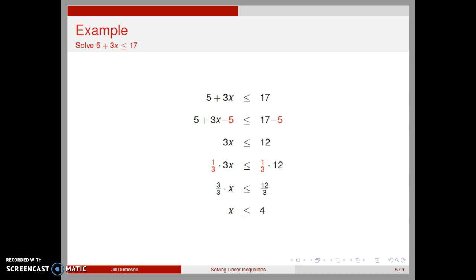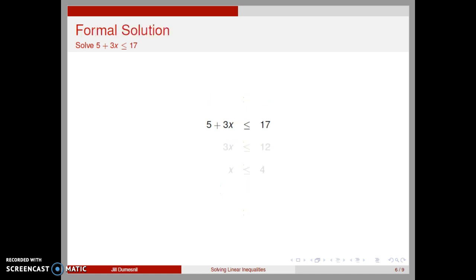In this example, we've shown every tiny step for emphasis, but a formal solution could be as simple as the original inequality. Then, after subtracting 5 mentally on both sides, 3x is less than or equal to 12.